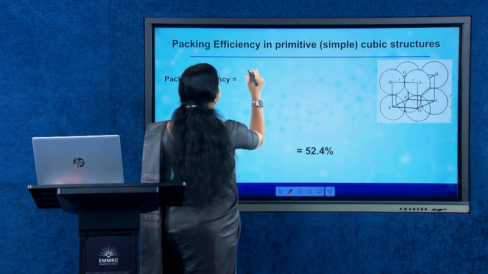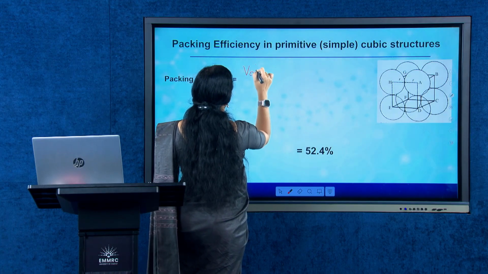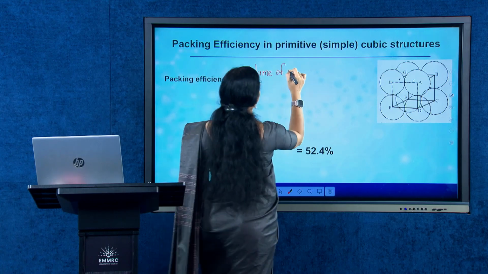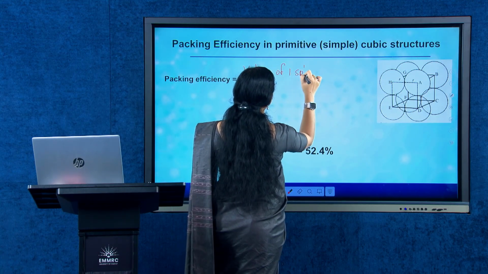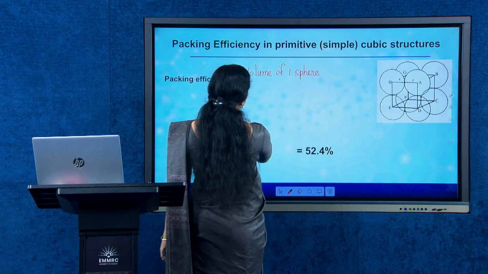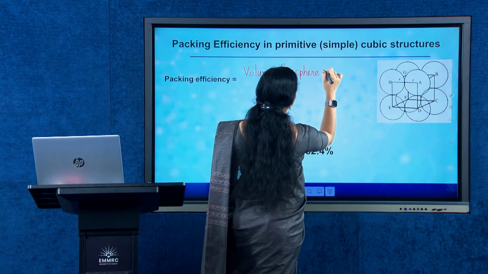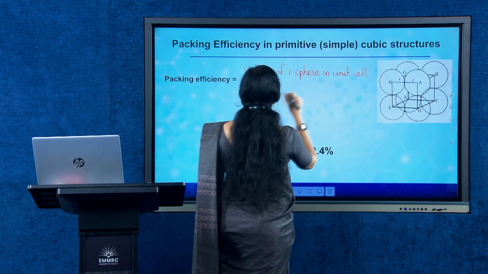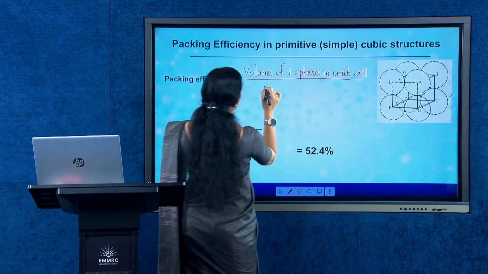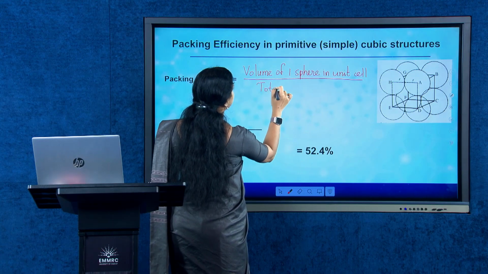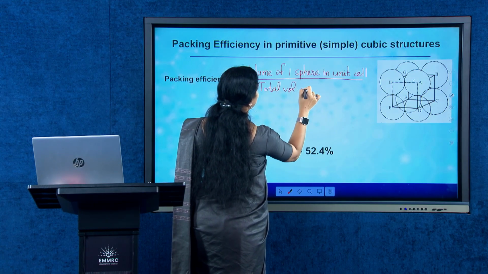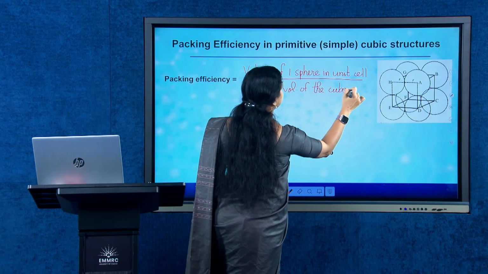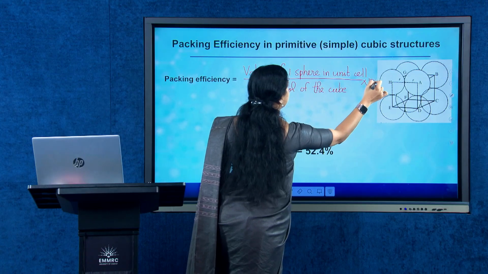So, what will be the packing efficiency? We have seen that the packing efficiency is given by the volume of one sphere. We have considered a simple cubic, so the total number of spheres in the unit cell is 1. So, the volume of one sphere in the unit cell divided by the total volume of the cube into 100.